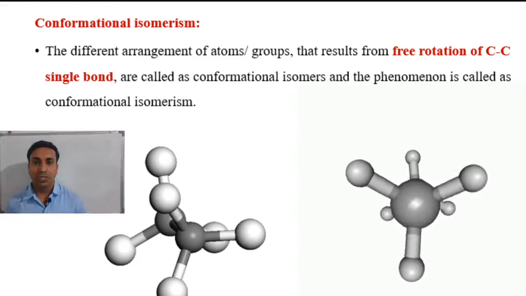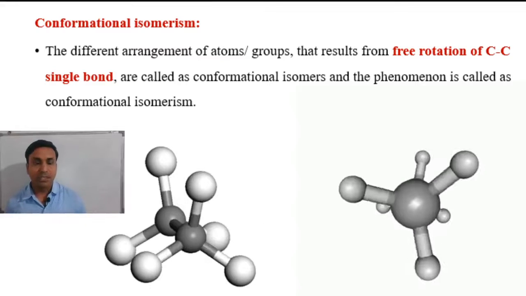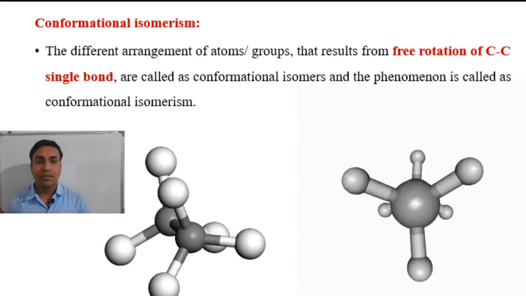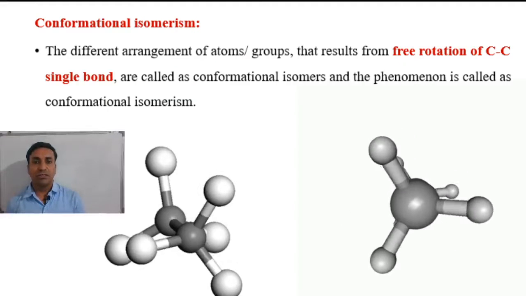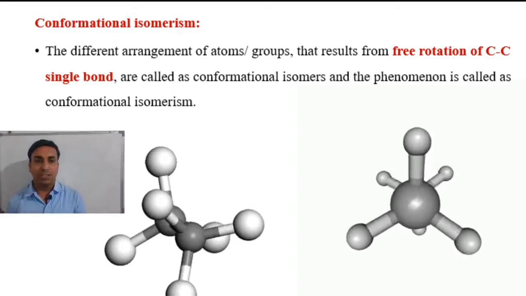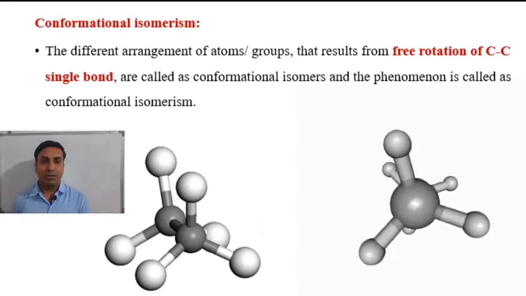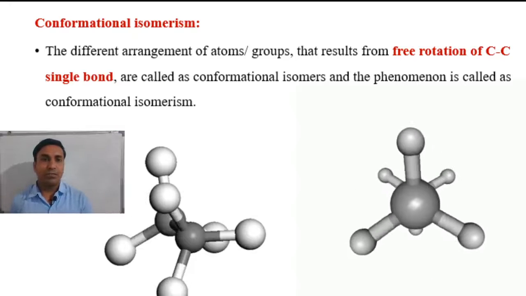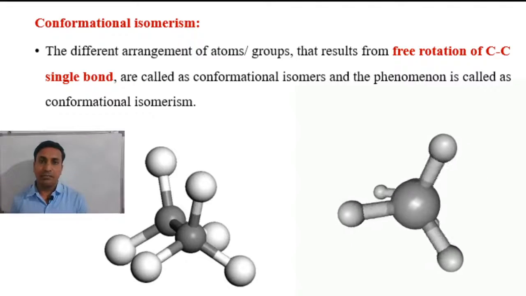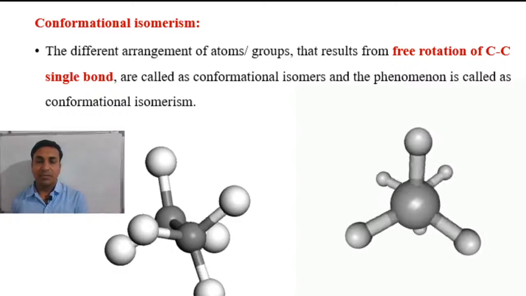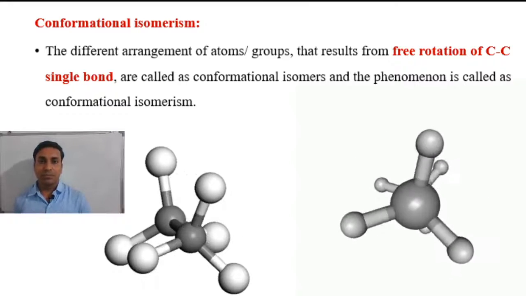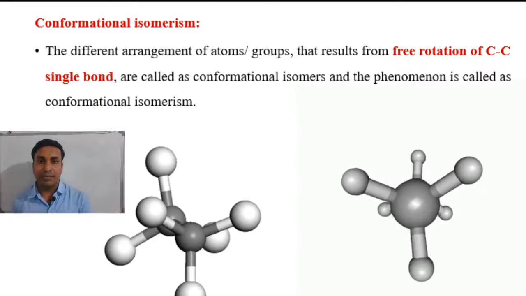The single bond between the carbon atoms is rotating. In the first one we have shown it like a Sawhorse projection, where we are looking at the molecule quite sidewise. In the second one we are looking at the Newman projection, where the carbons are back to back.